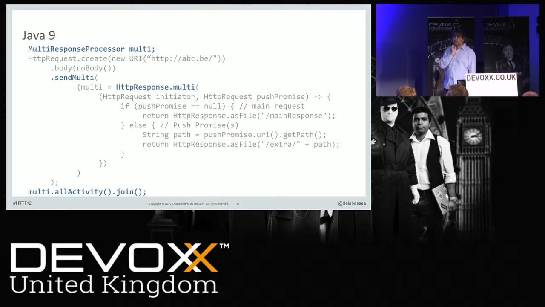The sendMulti is basically an asynchronous send method that expects multiple responses, so typically that is for HTTP2. If you use sendMulti over HTTP 1.1, it will work, but you will only get one response. And again, this is using Java SE 8 CompletableFutures.